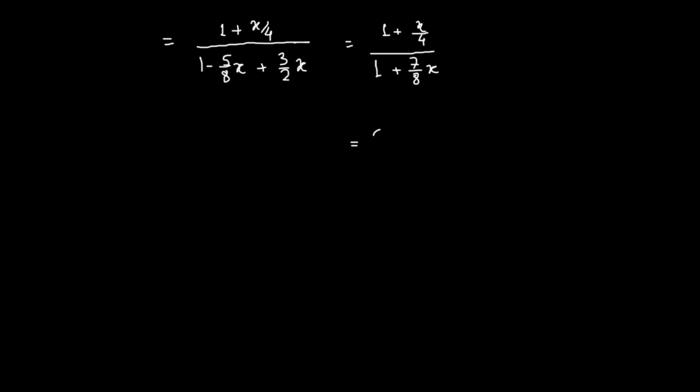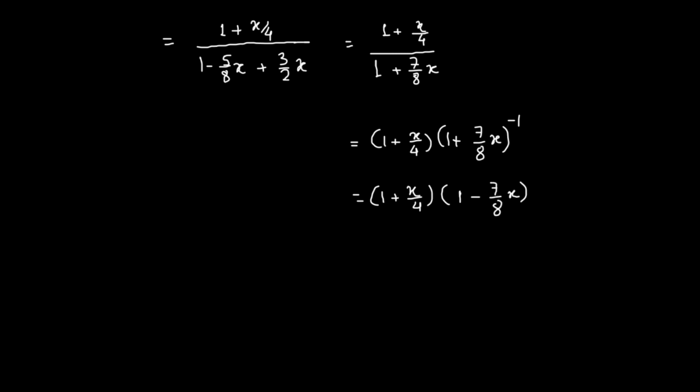Now we take the term present in the denominator to the numerator. So we have 1 plus x over 4 times (1 plus 7 over 8 x) raised to the power of negative 1. So we apply the binomial approximation, so we get 1 minus 7 over 8 times x, and we multiply the two expressions, so that would give us 1 minus 7 over 8 x plus 1 over 4 times x.